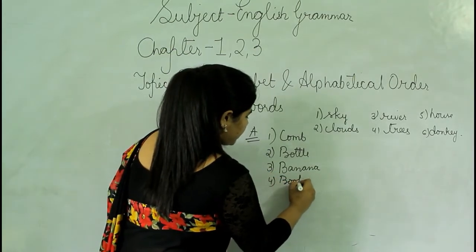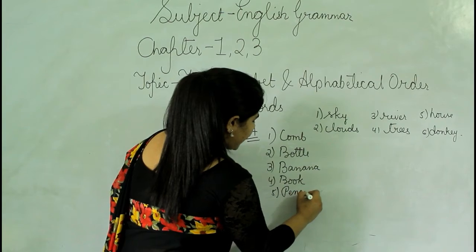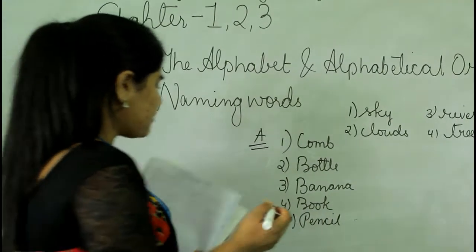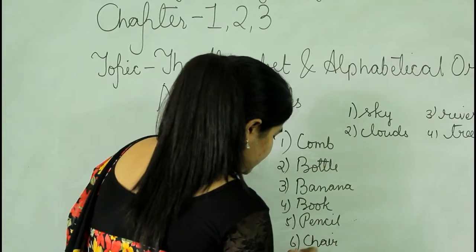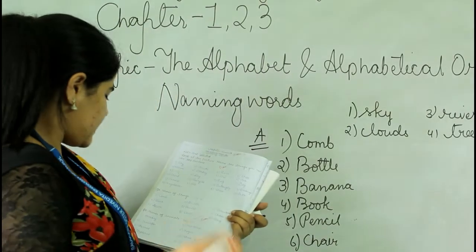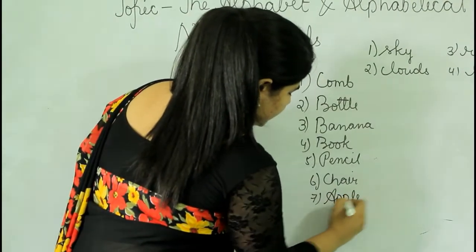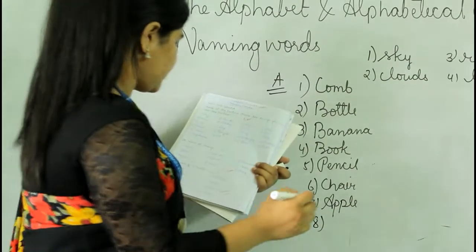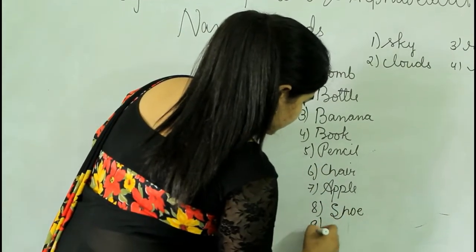B-O-O-K, book. Number 5 will be pencil. P-E-N-C-I-L, pencil. Number 6 is chair. C-H-A-I-R, chair. Number 7 will be apple. A-P-P-L-E, apple. Number 8 is shoe. S-H-O-E, shoe. And number 9 will be bag.